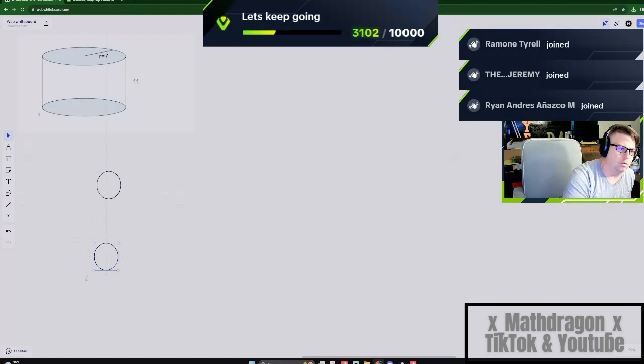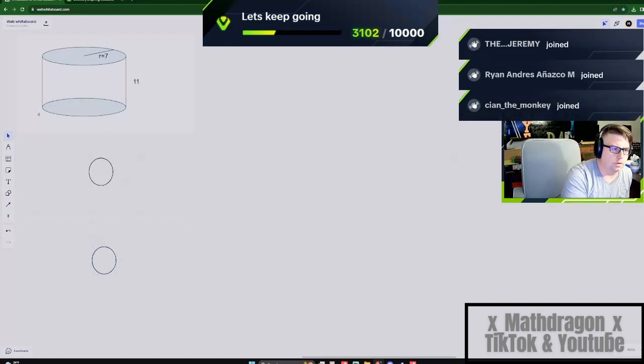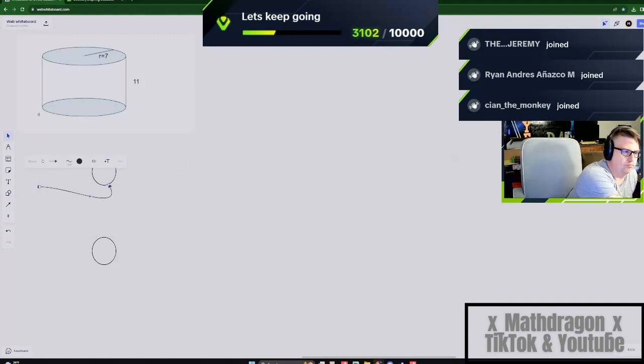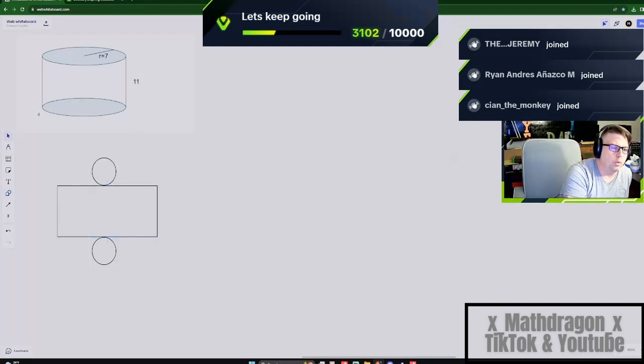So we have two circles, or circle-ish, I guess. Let's try that again. So when we look at this, what happens is we have a circle.